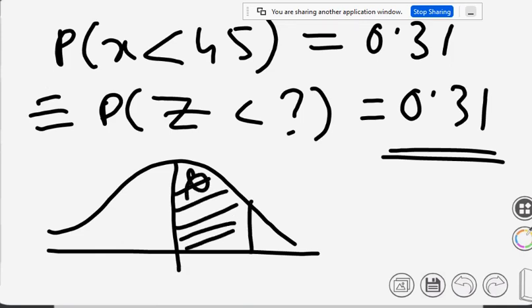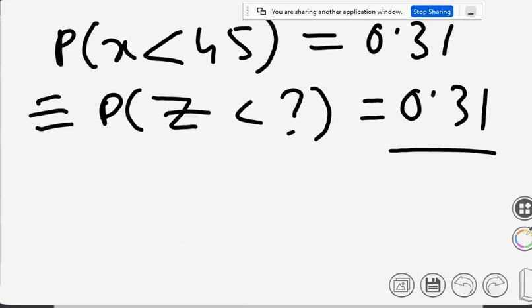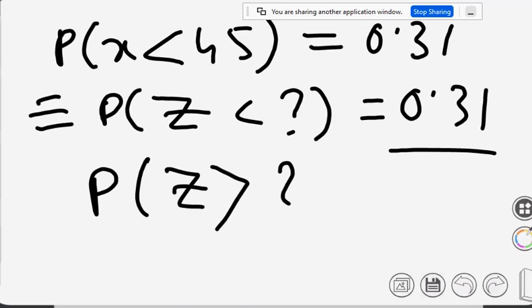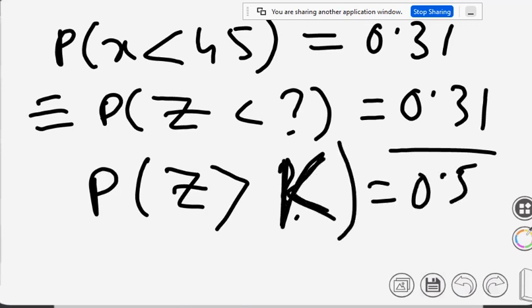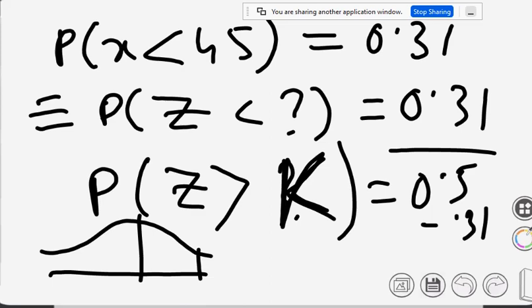So probability Z less than some value. তার জন্য what you have to find out, if this is 0.31, can I write this second part as probability Z greater than some other value, say k is a constant, which is equal to 0.5 minus 0.31. তার মানে এই পয়েন্টটা হচ্ছে k, and this area is 0.19.